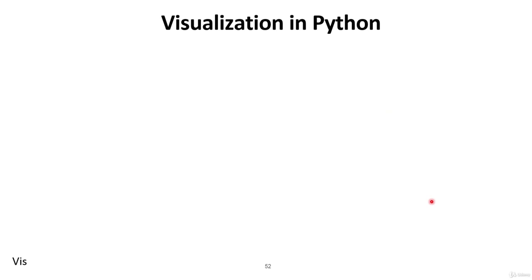So, visualization in Python. In this course, when we solve the optimization problem, I usually prefer to show you how to visualize the decision variables and also the objective functions.